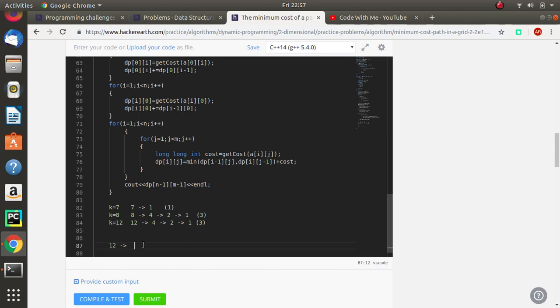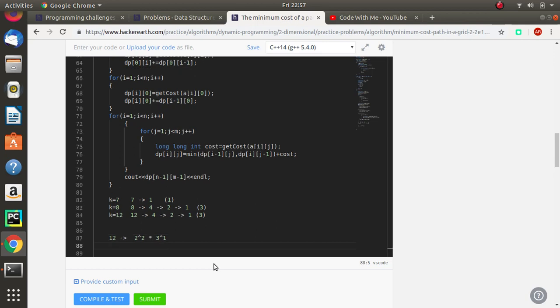So we will get the maximum steps. For example, 12 can be written as 2 raised to 2 into 3 raised to 1 in prime factorization.